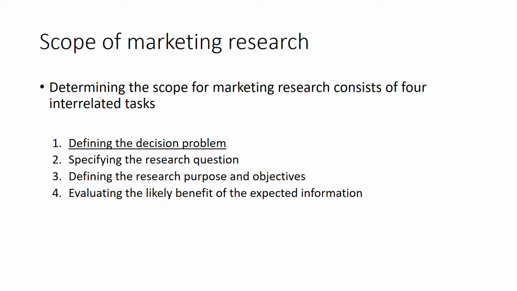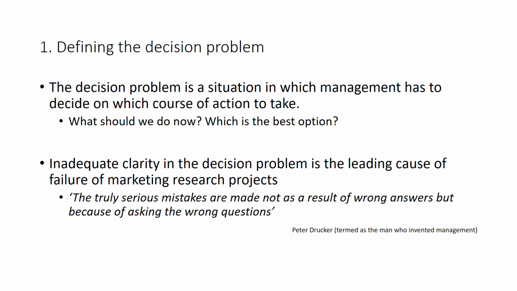So, defining the decision problem. The decision problem is the situation in which the management has to decide on which course of action to take. So what should we do now? What should happen next? Which is the best option? All of these are decision problem questions.